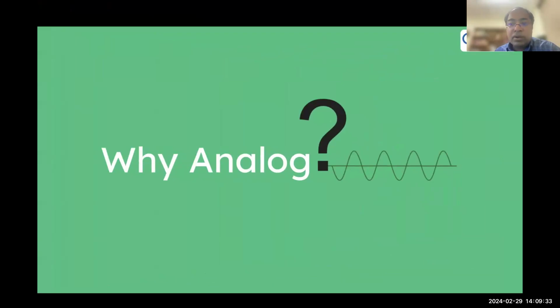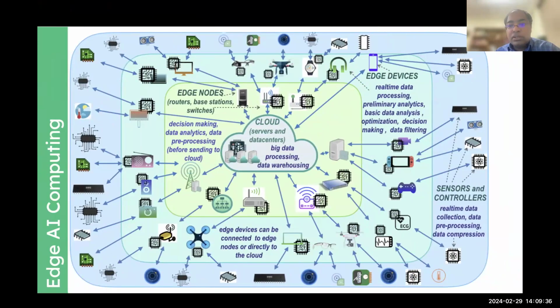So why analog? If you look at the entire system of devices that we have today, you can see there are lots and lots of sensors going at the edge. And increasingly more with IoT and all sorts of different communication protocols, we add more at the edge. When you have so much more happening at the edge, rather than sending the data to the cloud, the idea would be to do the processing next to the sensors.